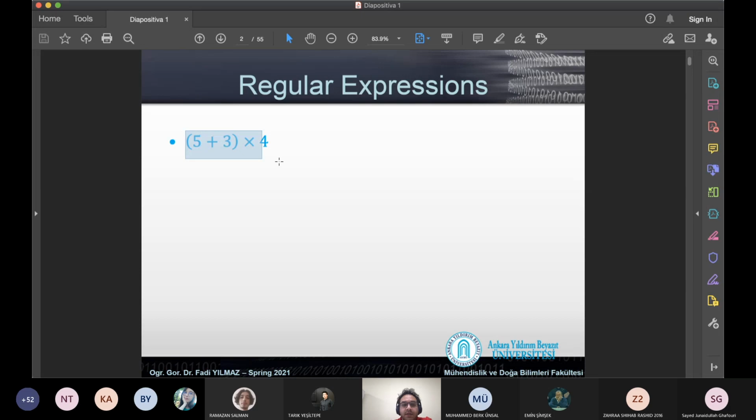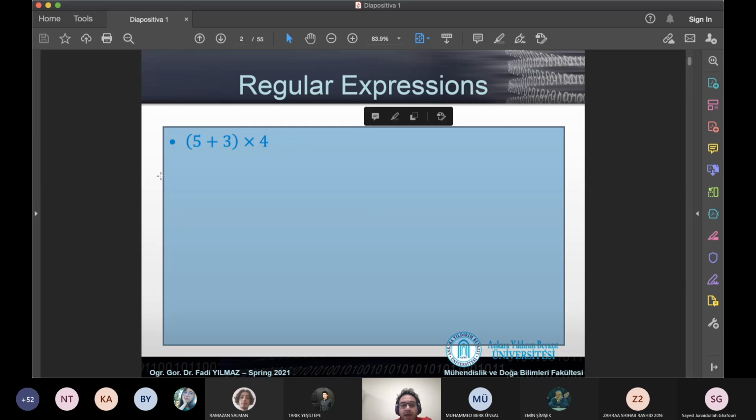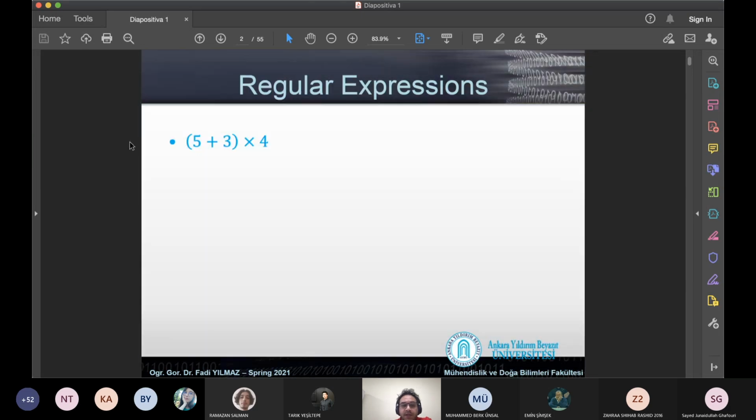For example, this is one of the well-known expressions using math, right? Usually there are parentheses, and each element has a meaning. There's nothing there just for fun. Everything has a meaning.